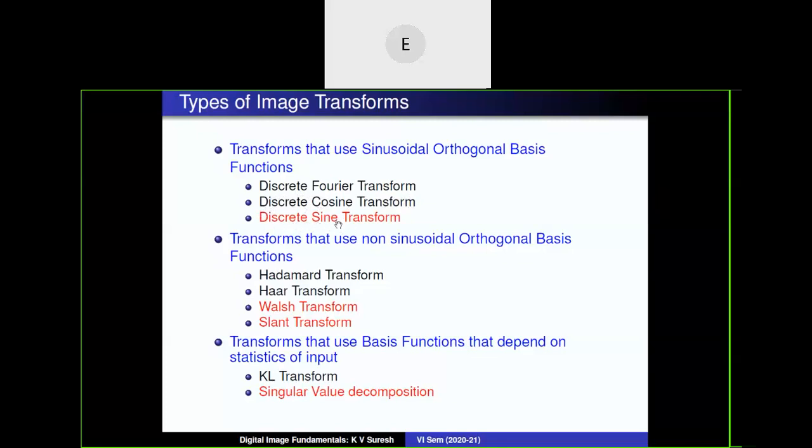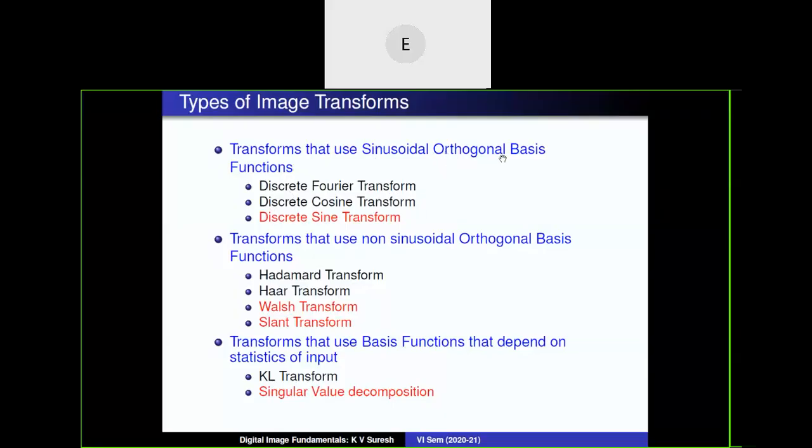There is also one more called discrete sine transform, but we are not discussing anything about it in this course. That is why I have given it in a different color. So we are going to discuss these two, DFT and DCT. If I use sinusoidal orthogonal basis functions, this is the category, and there are two examples that we are going to study.